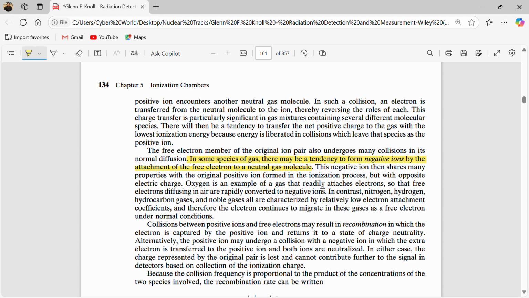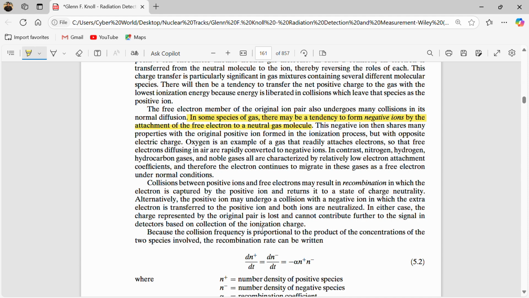The negative ions then share many properties with the original positive ions formed in the ionization process, but with the opposite electric charge. Oxygen is an example of a gas that readily attaches electrons, so free electrons diffusing in air are rapidly converted to negative ions.